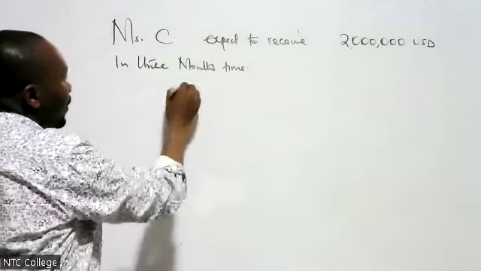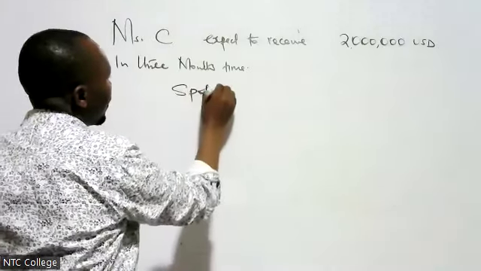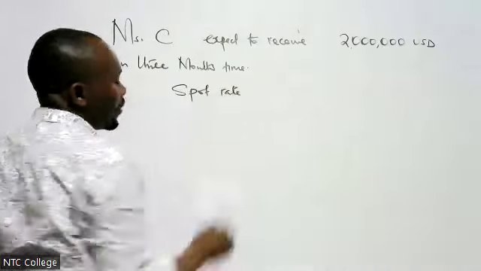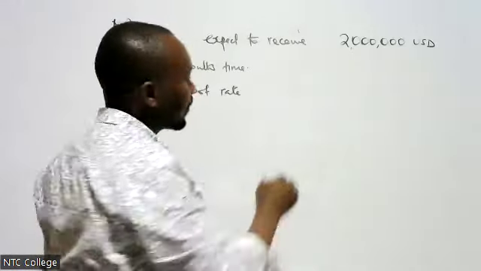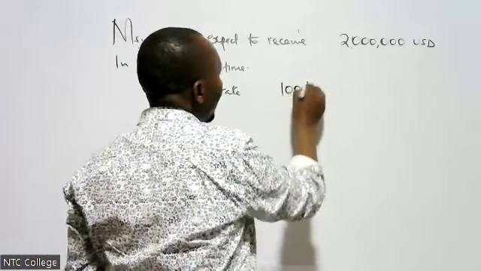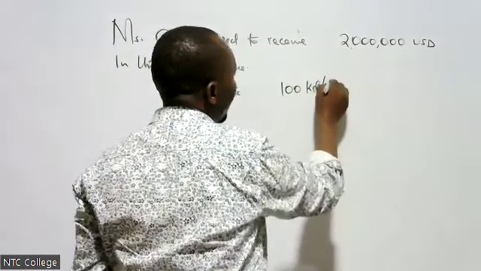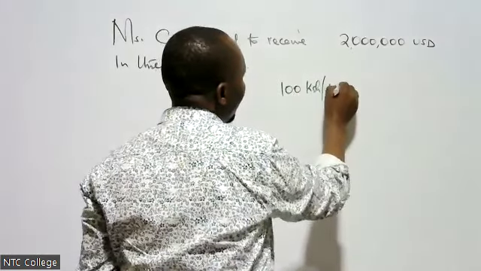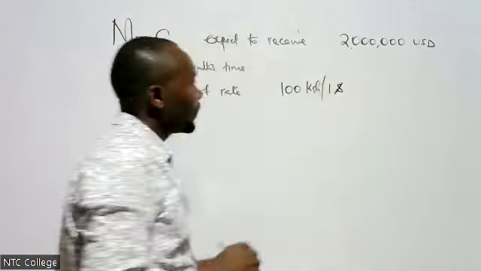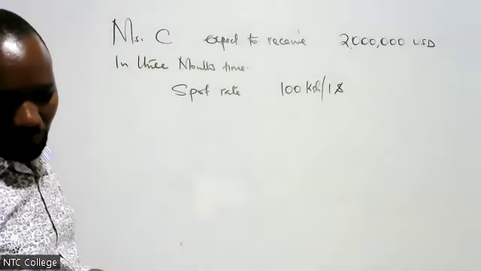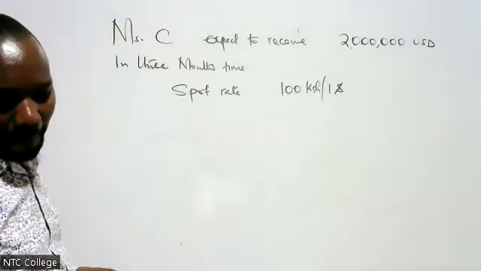The spot rate, which is today's rate, is given as 100 Kenya shillings against 1 US dollar.